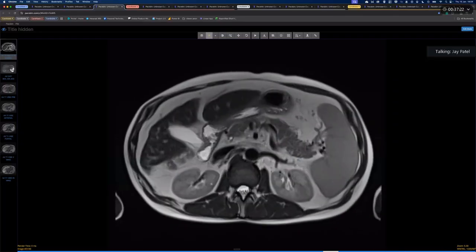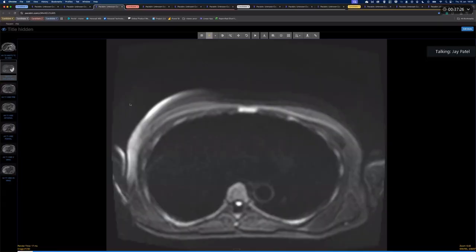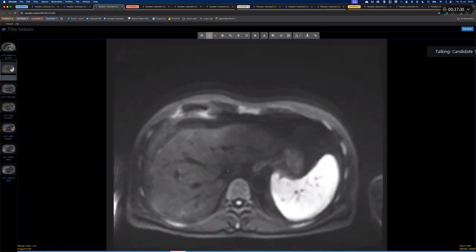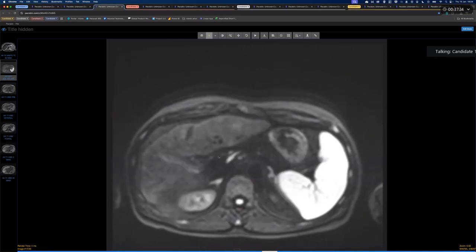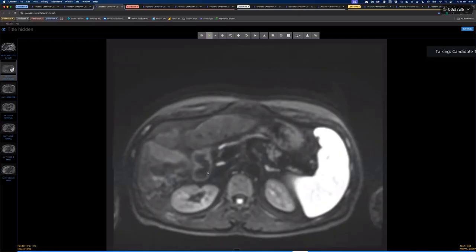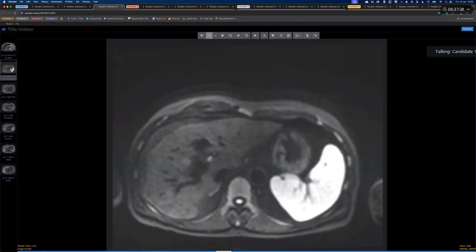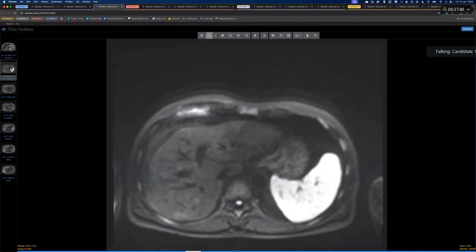Okay, I'm just going to take the mouse over and switch you over to the diffusion, if you want to have a quick flicker through that. Okay, so this is the diffusion, and the previously mentioned lesions show bright signal on this diffusion. I would like to correlate with the ADC, please.